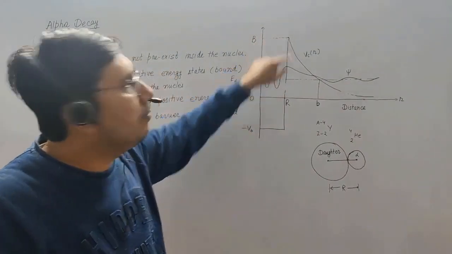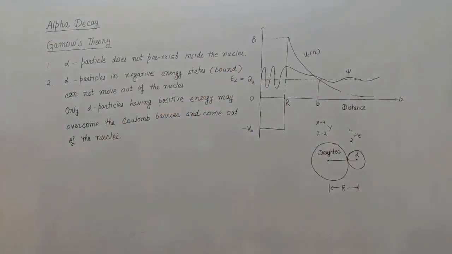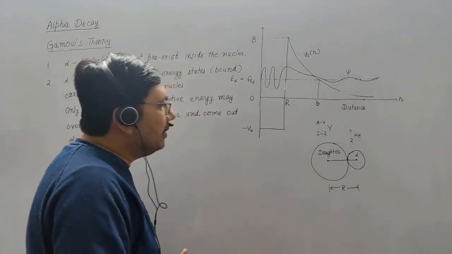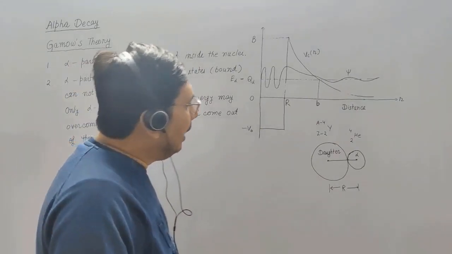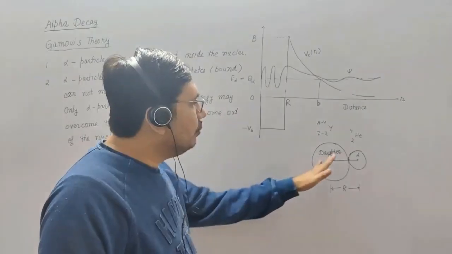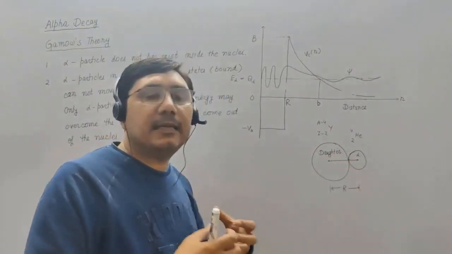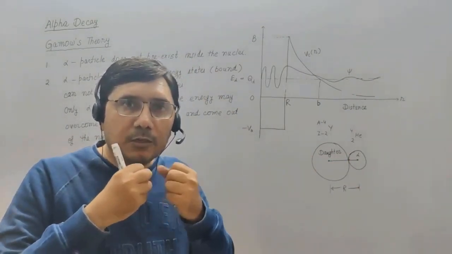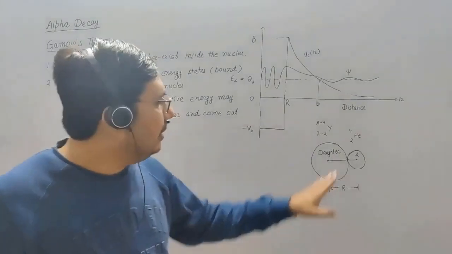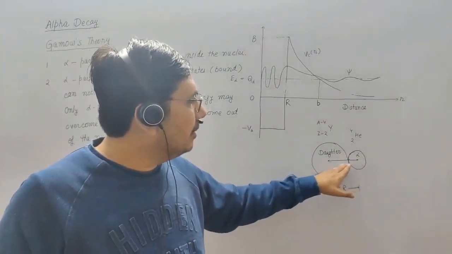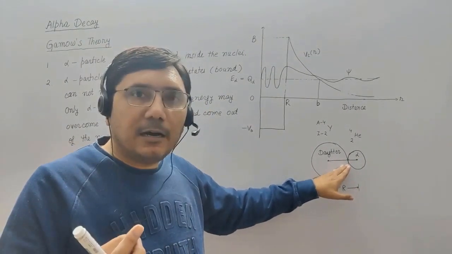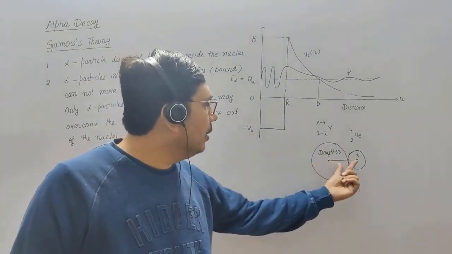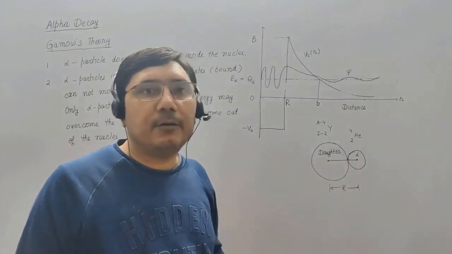So first question is, how will we calculate this maximum value of the Coulomb barrier B? We will estimate the value of B at the point when the deuteron nuclei and alpha particle are just going to move away from each other. Here they are touching each other. They are just a moment away from being separated.